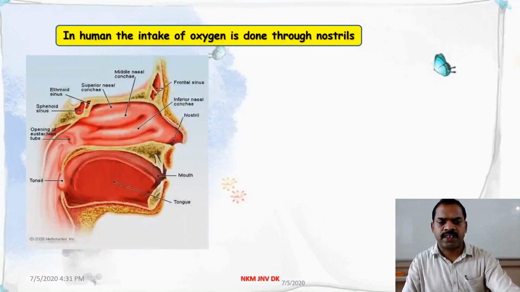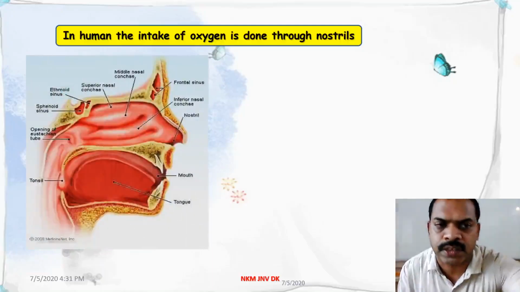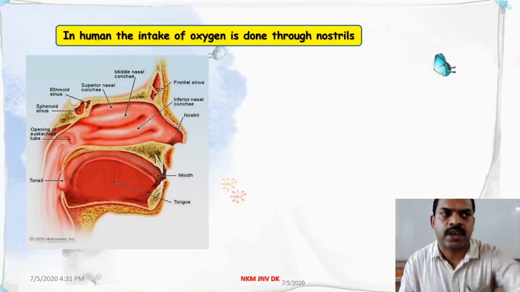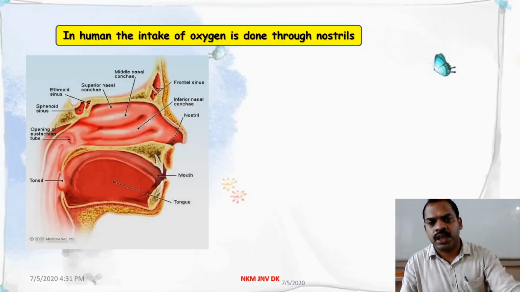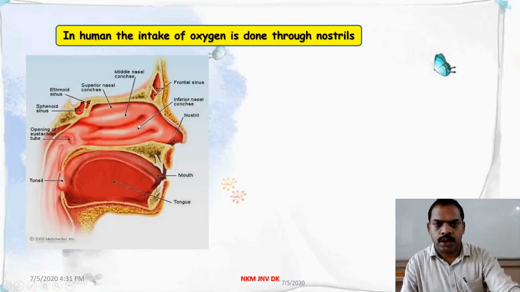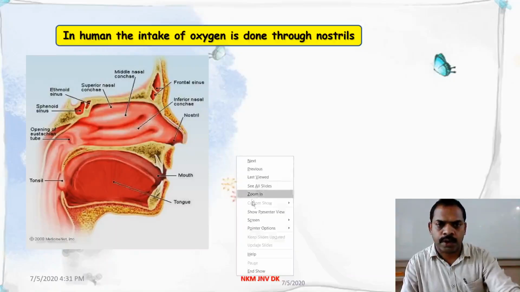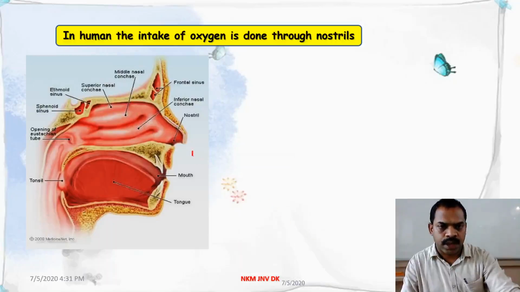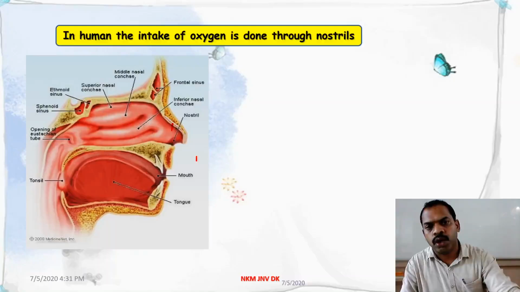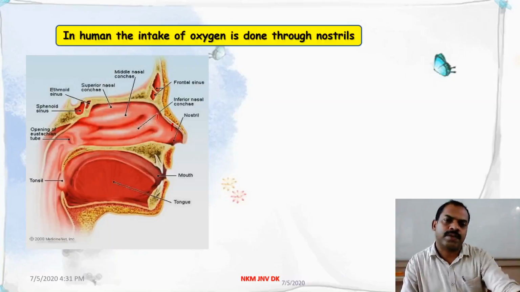First of all, we'll see how the breathing process starts, the mechanism of breathing. Air is taken in through the nostril. The peculiar feature of the nostril is that we have a lot of small minute hairs here in the nostrils. What they do is filter the air.